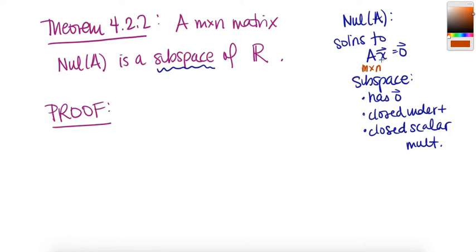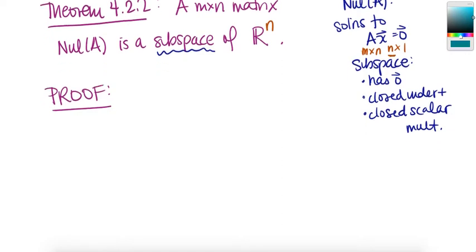I have to be able to multiply them by A, which means that that had better be a vector in Rn. So the null space is a subspace of Rn. Yep, great. All right, let's go ahead and prove this.